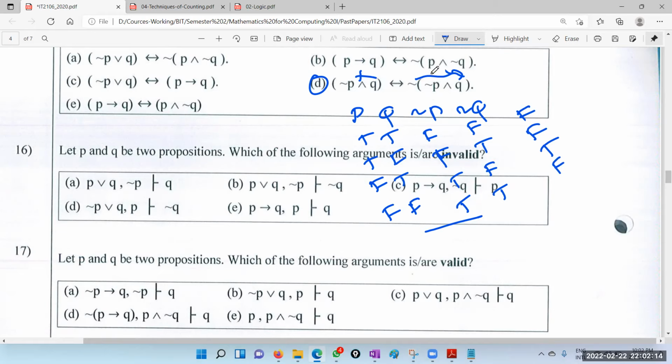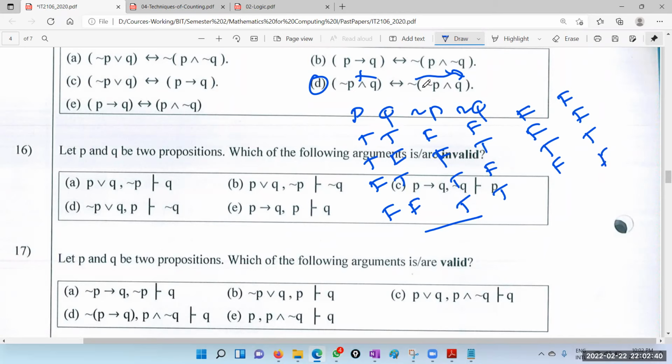So then my Y. Not P and Q. This is not P and Q, the same. So therefore this is not P and Q is the same: false, false, true, false.